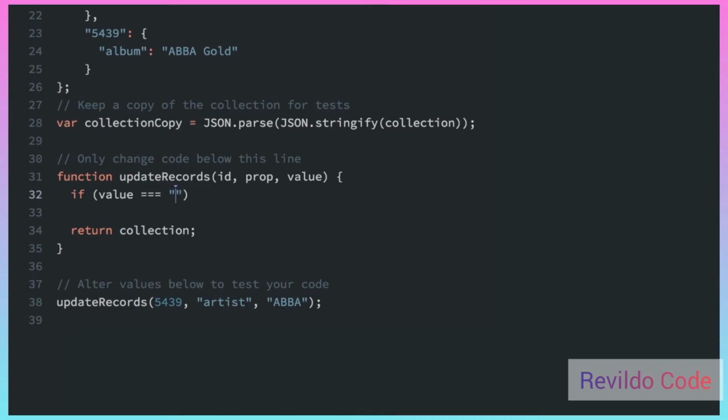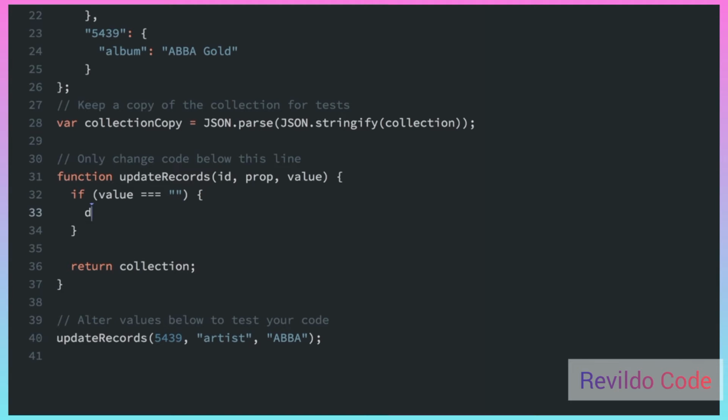Remember, if the value is set to blank, we delete that property. So if the value is blank, we are going to delete collection, and then we have to use bracket notation, ID, and then prop.